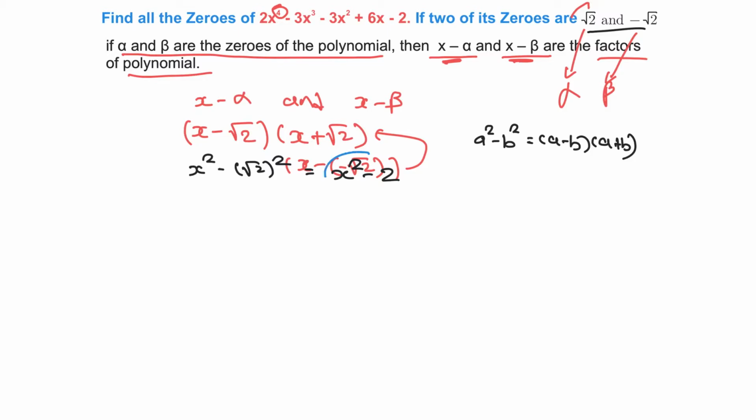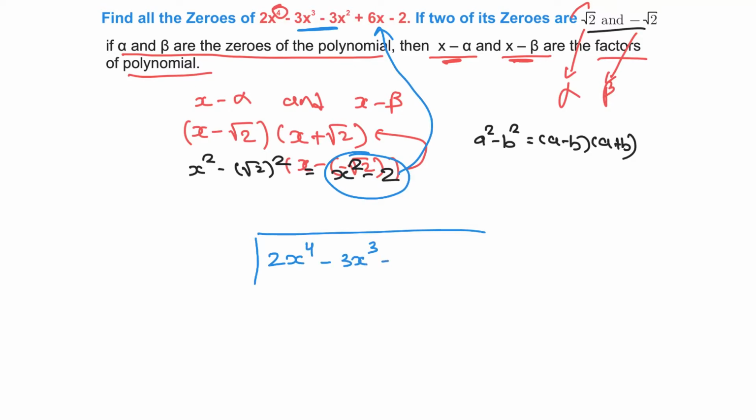Now x square minus 2 is a factor of the given polynomial, so we have to divide the polynomial 2x raised to 4 minus 3x cube minus 3x square plus 6x minus 2 by its factor, that is x square minus 2.